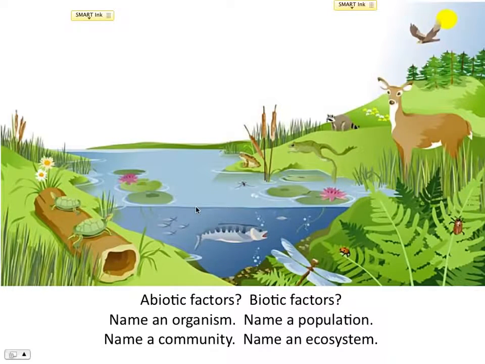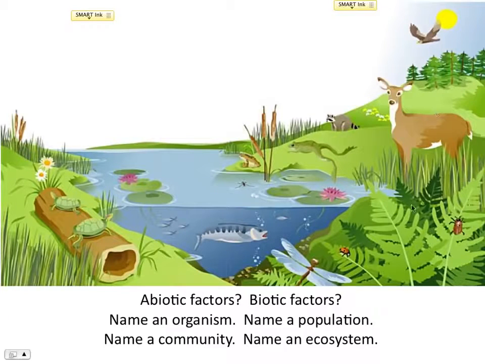That's a good start. Biotic factors, anything living in here, flowers, grass, cattails, lily pads, turtles, fish, dragonflies, ladybugs, a deer, a bird, a raccoon, a frog, a water strider. Am I missing anything? Oh, the trees.